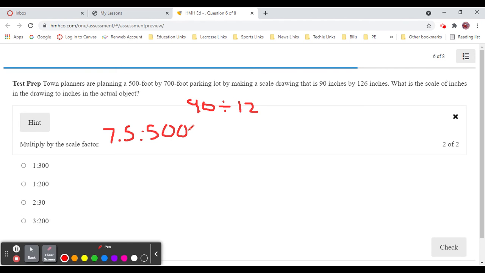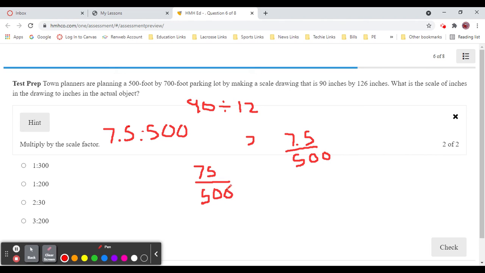So really what I'm doing with this fraction, I have the fraction 7.5 over 500, and I need to reduce my fraction. Well, I'm not going to have a fraction with a decimal on top, so I'm going to change my fraction to 75 over 5,000.